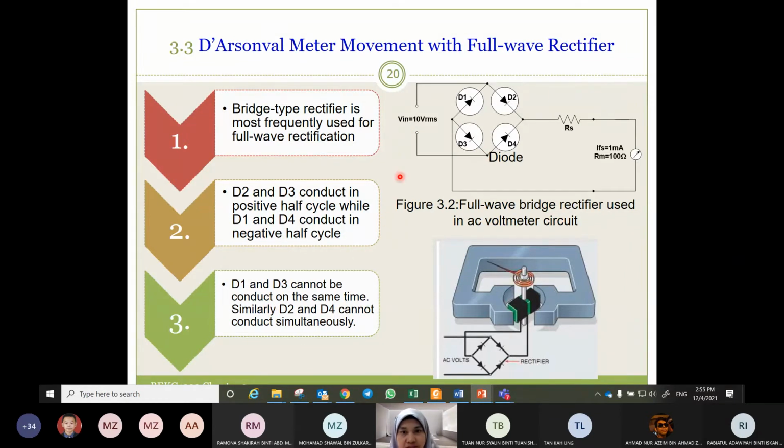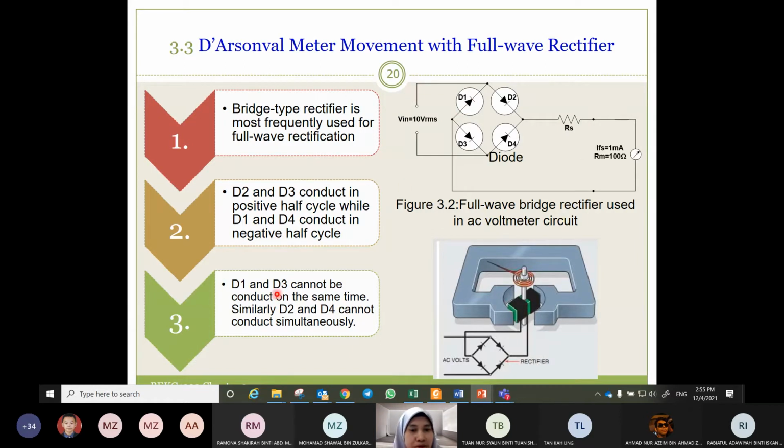And then during the negative half cycle, D1 and D4 conduct. For the negative half cycle, the current flows like this: from the negative supply, through D4, RS, to the PMMC, and then to D1 and back to the supply.